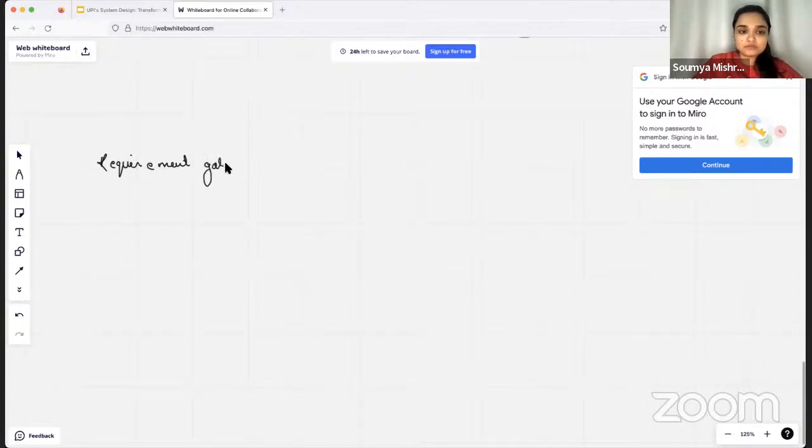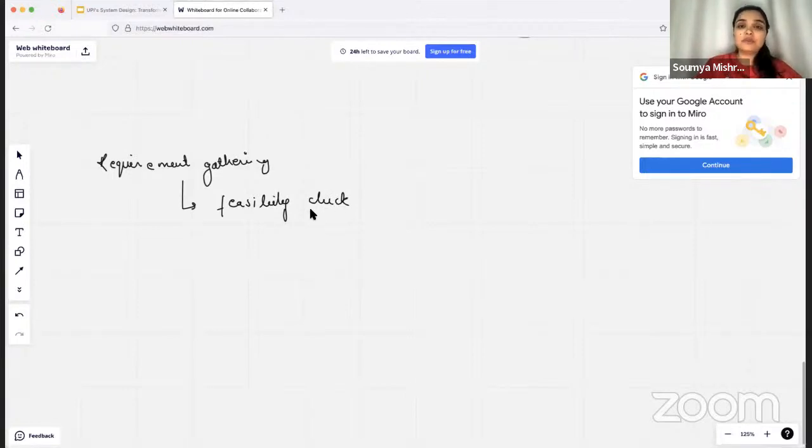Requirement. This is the first step, right? You gather the requirement. Then we do the feasibility study or feasibility check, whether this thing is feasible or not. Then there is a design phase. There is a coding phase.